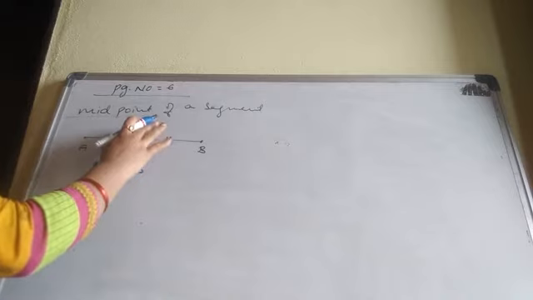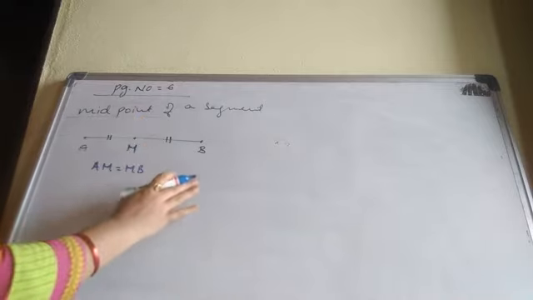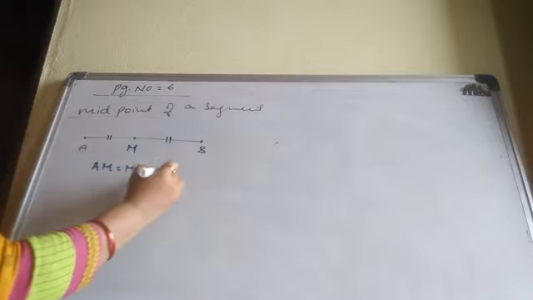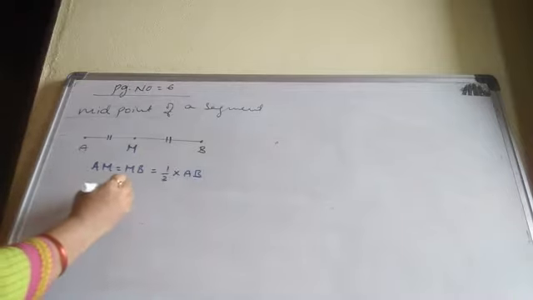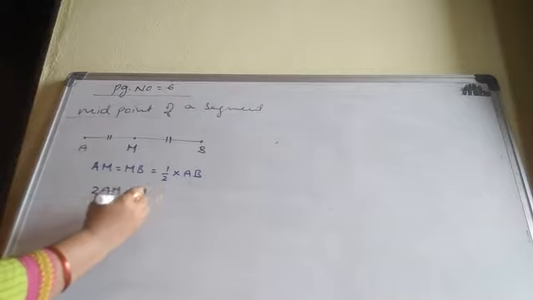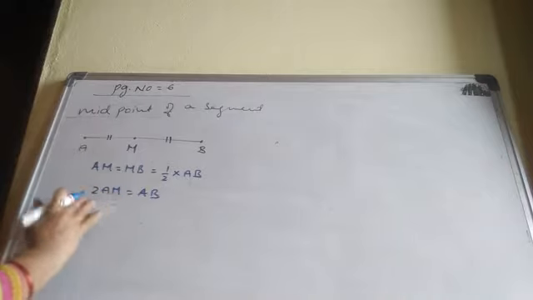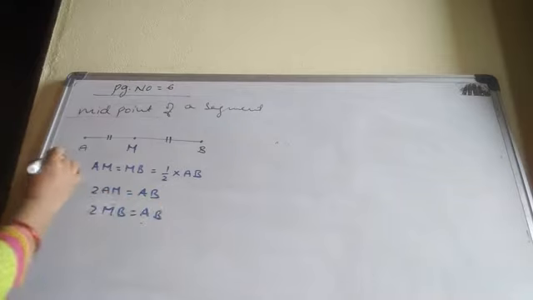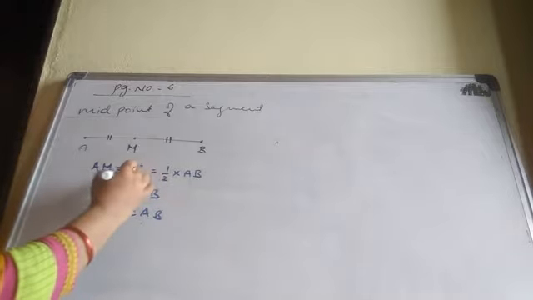Midpoint of a segment means what? A segment is divided into exactly 2 equal parts. From this, we also learn AM equals half into AB. Otherwise you can write 2AM equal to AB, or 2MB equal to AB, just cross multiplying the 2.